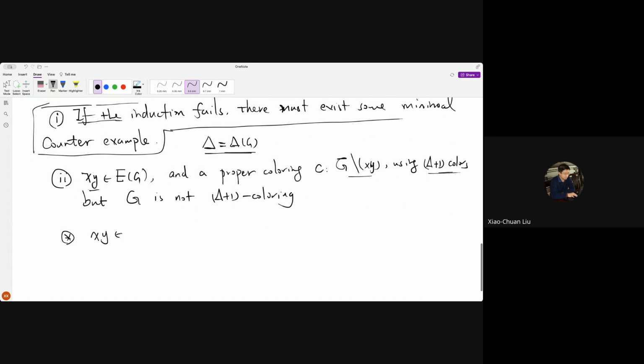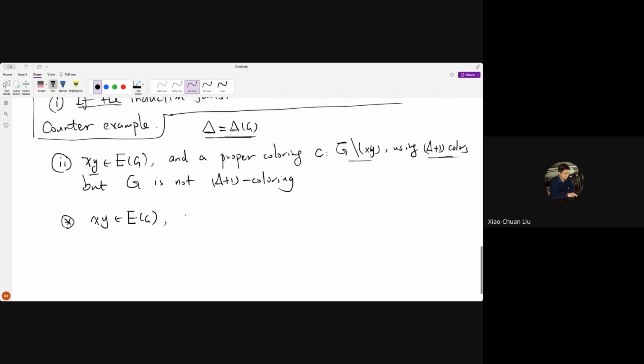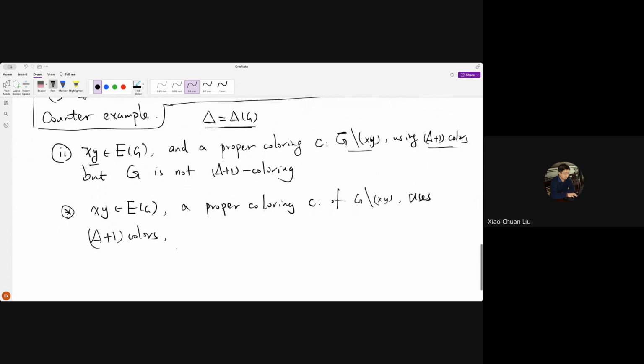So what happens is that there exists this edge xy in G. I have a claim: a proper coloring C of G minus xy uses delta plus 1 colors. So all these are fixed. Okay, and then we continue.